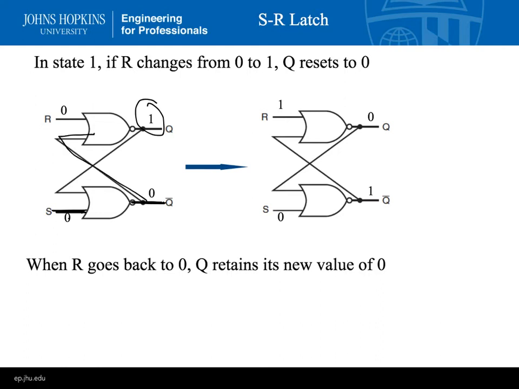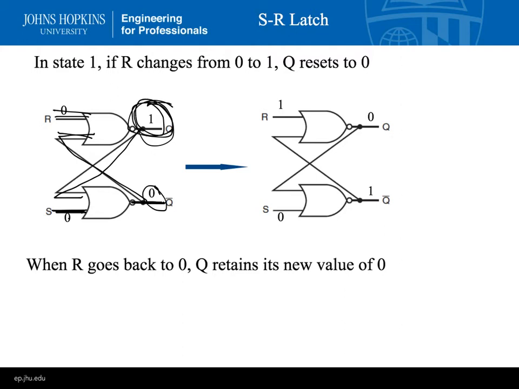So we're going to have 2 zeros into this gate, and it's NOR, so the output's going to be 1. And here we're having a 1 and a 0 coming in, so the NOR will be 0. So this is stable. Even if we set S back to 0, it remembers that Q is 1.